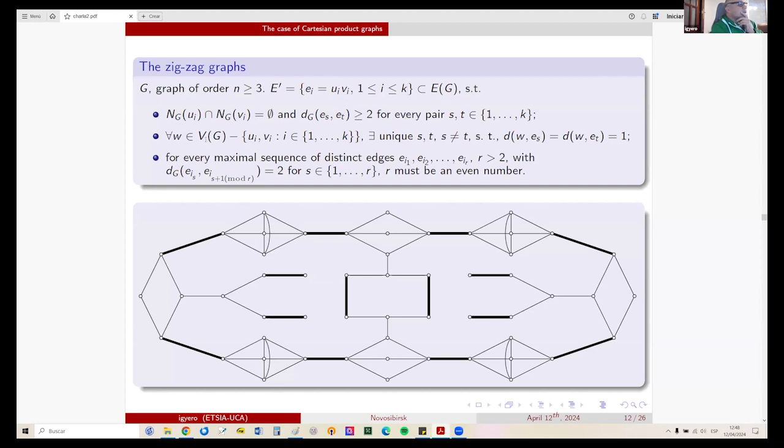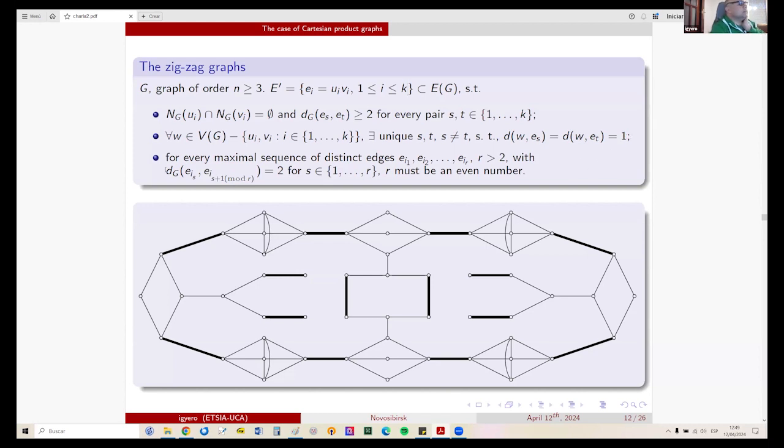Also, if I take any vertex W which is not in any of these edges in E prime, then there exists a unique S, T such that S is different from T, and the distance between W and Es is equal to the distance between W and Et, and it is equal to 1.